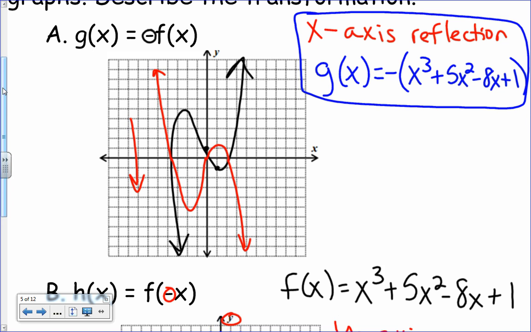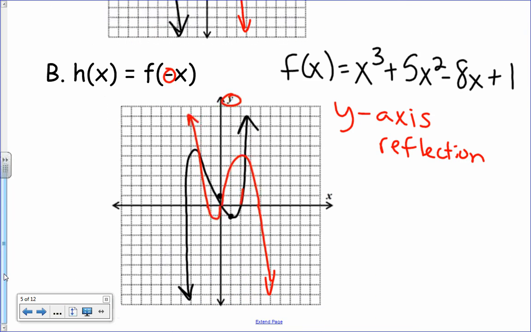Oh, wait a minute. What did I not do on 3B? I didn't plug my stuff in, right? What do I have to plug in? Negative what? I've got to plug in negative x. So my new function, and this is all you have to write: it used to be just x in there, now it's negative x. Take every single one of these x's and plug in negative x.